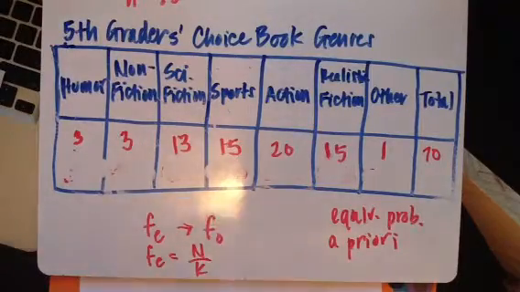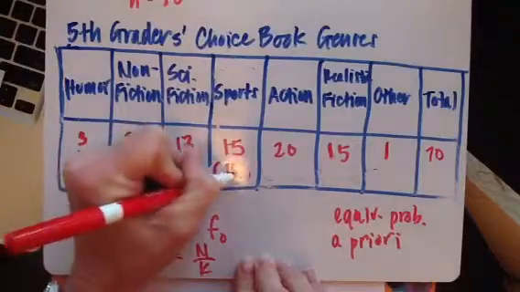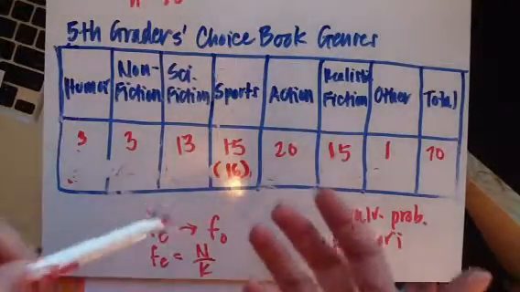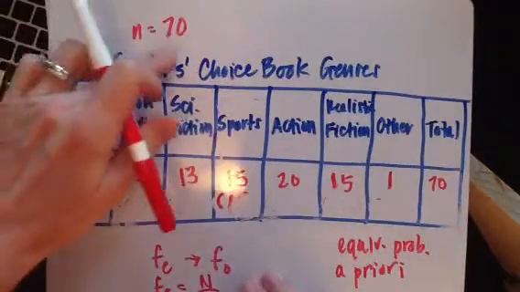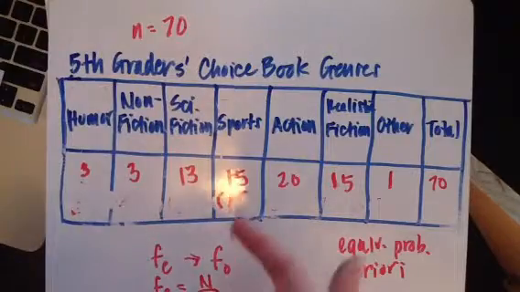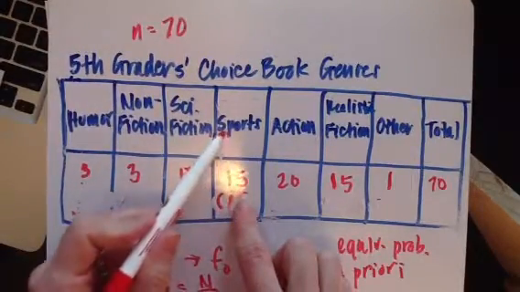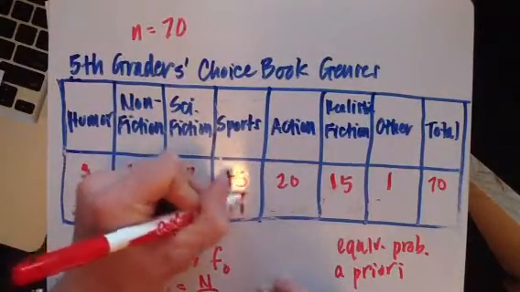For example, perhaps from previous studies we know that sports tend to be chosen 16% of the time. So then you'd have to say 16% times 70, because that's our total number here, et cetera. So let's say instead it's 20%. 20% of the time people choose sports, so 20% of 70 is 14.